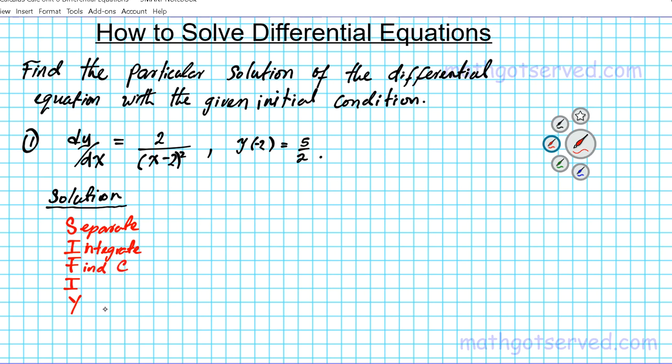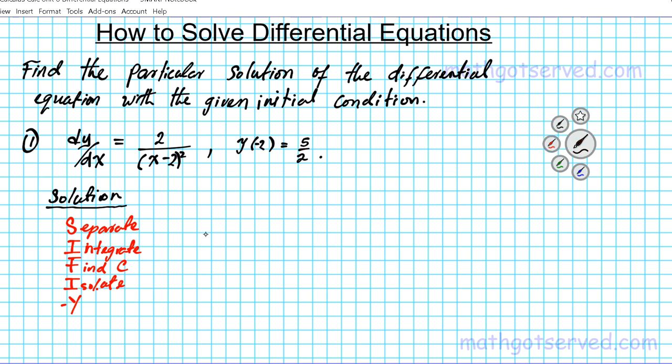And then after you find c, you're going to isolate y, the variable y, after you insert c back into the equation. So separate, integrate, find c, and then isolate y. Okay, so let's do it.